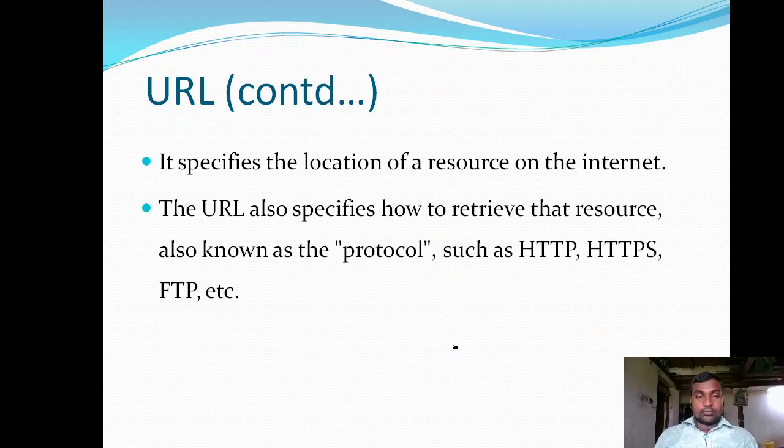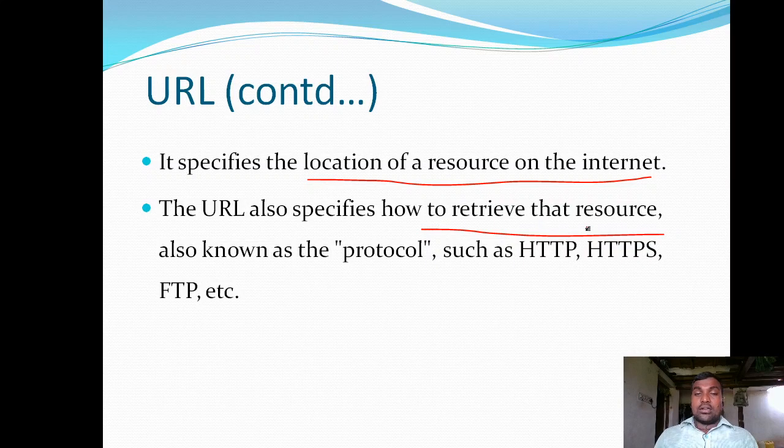Okay, so next, a URL specifies the location of a resource on the internet. So web servers have several web pages. If you want to access a particular web page, you need to know the URL of that particular web page. Then only you can access that web page from the web server. Okay. So a URL also specifies how to retrieve that resource.